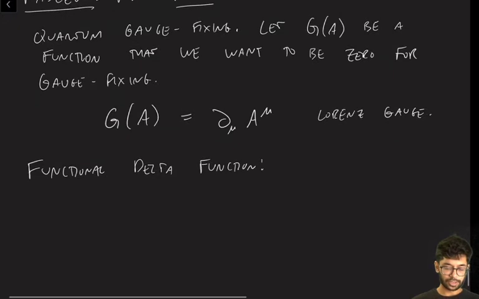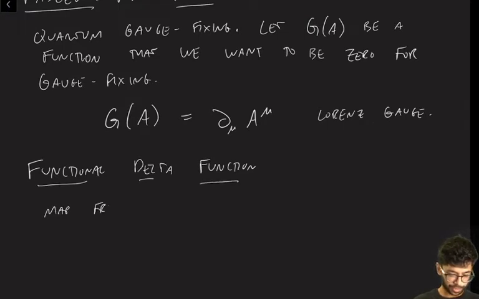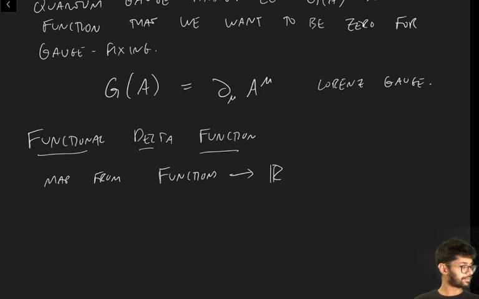Okay. So what is a functional delta function? So this is a functional, which means that it's a map from the space of functions to the numbers. Okay. And so basically, it's something like delta of phi. And it satisfies the following properties.